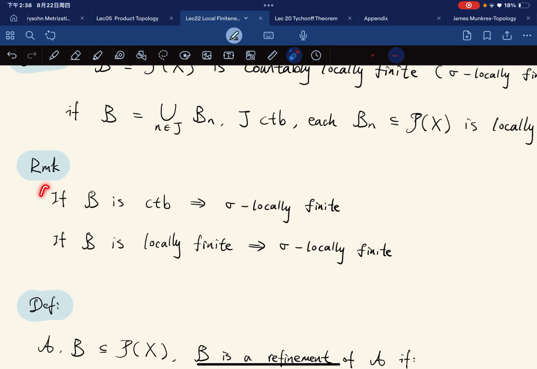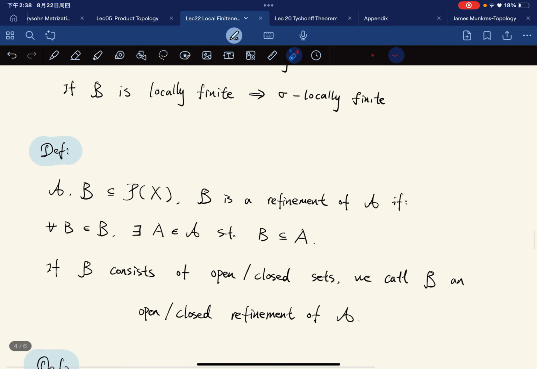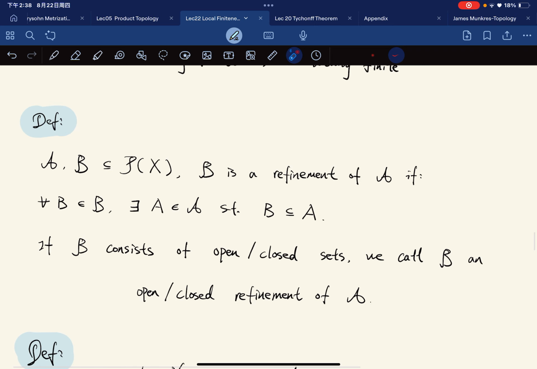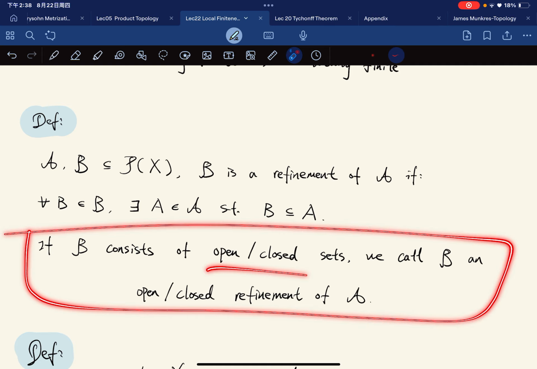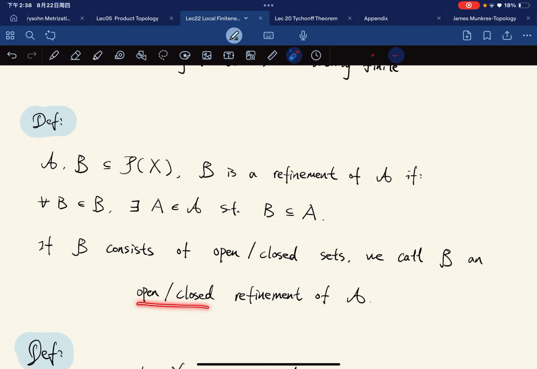You have to verify this on your own. And another definition: for two collections, we say B is a refinement of A if for any element in B, there is an element A such that B is contained in A. If B consists of open or closed sets, we call it an open or closed refinement of A.